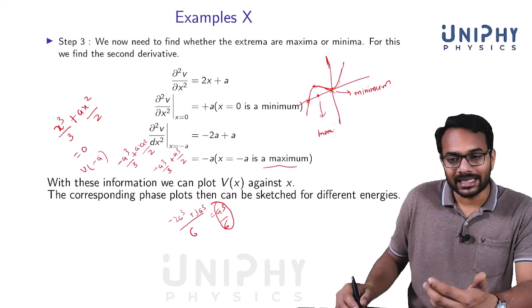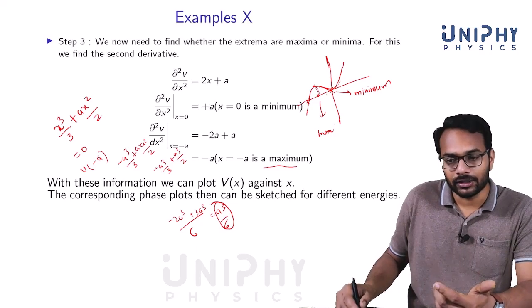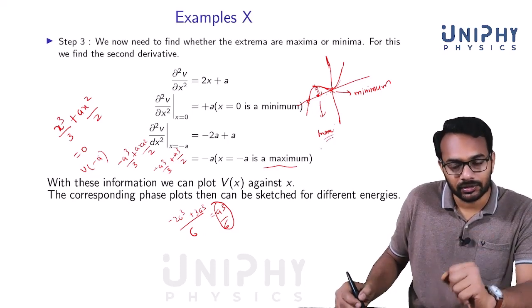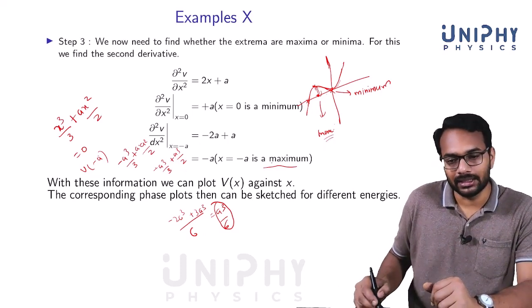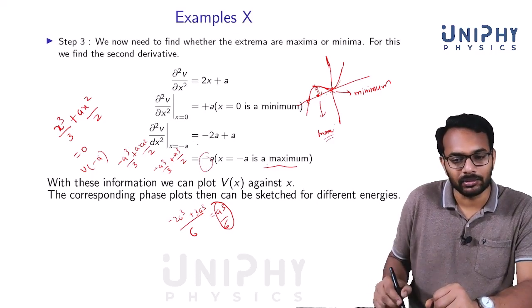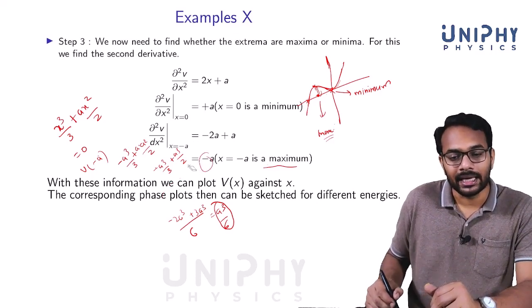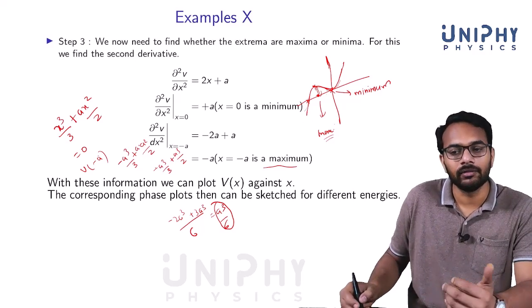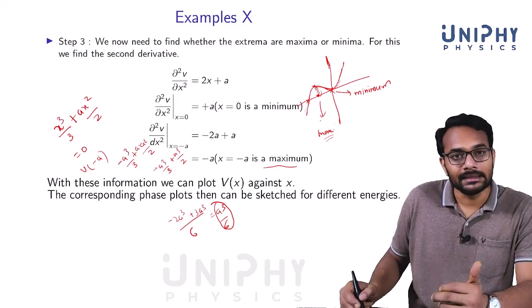We also had an estimate of the height of the potential energy at this maximum, by just substituting minus a inside the potential. So we got the qualitative behavior of the potential energy curve.